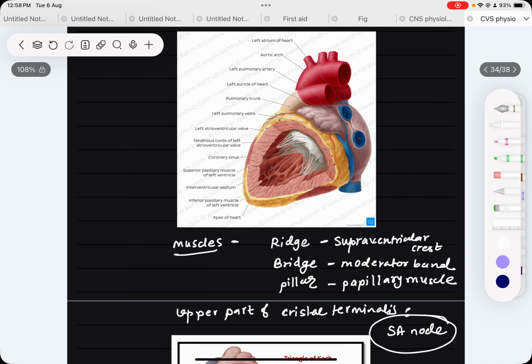As you can see here, first let's see the papillary muscle. So this is the papillary muscle.